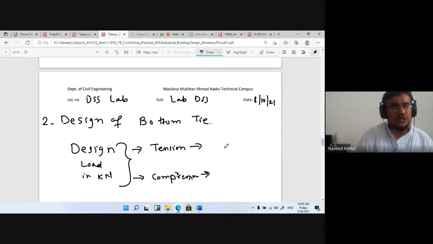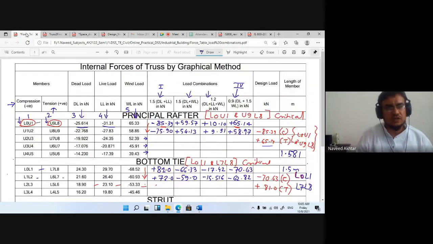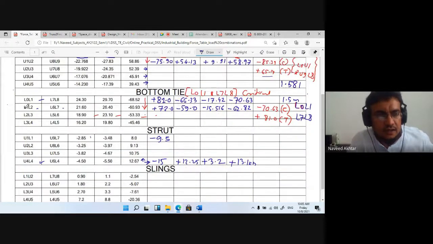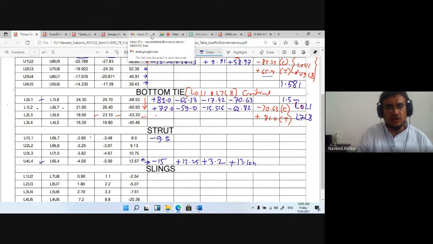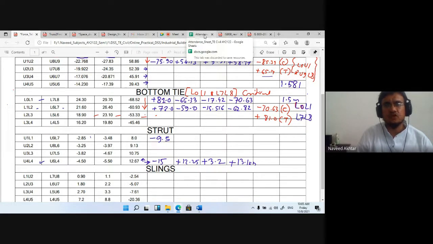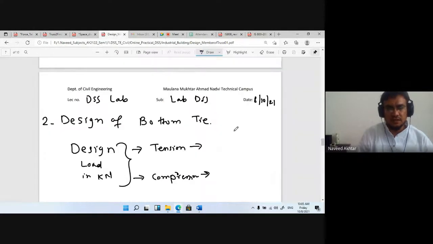If you see the force table, bottom tie, the members L0, L1, L7, L8 have the larger values, 81 and 70. So the bottom tie members are L0, L1 and L7, L8.